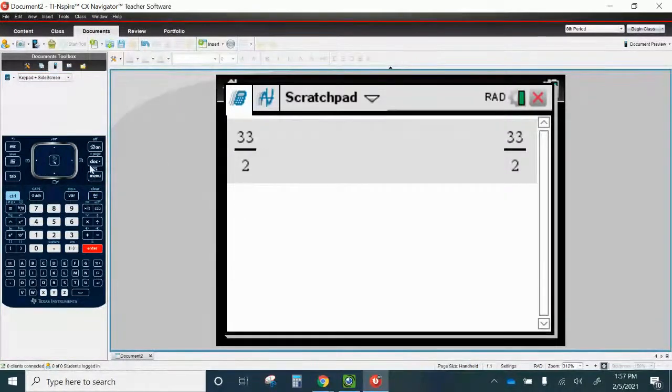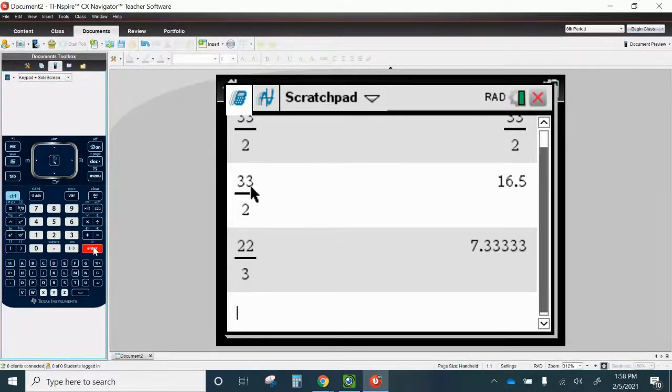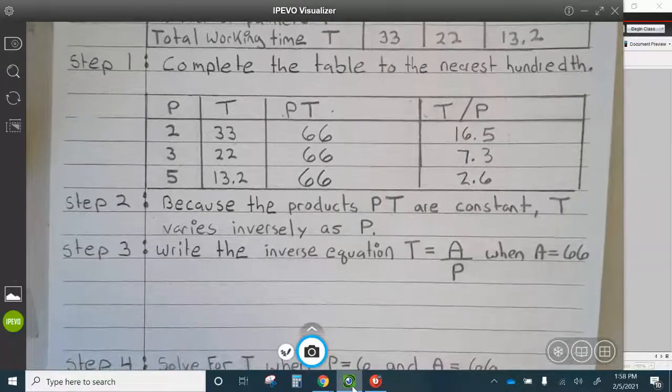Press Enter first. Now press Control Enter, and I get 16.5. Now I'm going to do 22 divided by 3, and what I'm going to do is press Control Enter, and that's 7.3, and then 13.2 divided by 5, press Control Enter, and I get 2.6. All right. So because the products P times T are constant, T varies inversely as P.